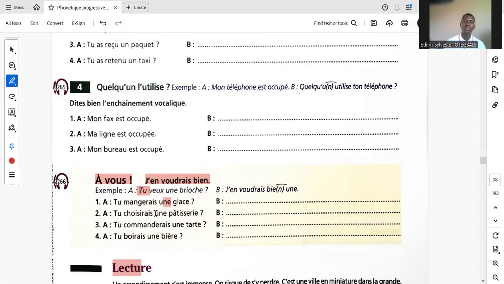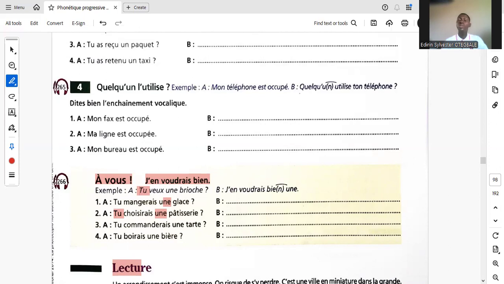Tu choisirais une pâtisserie? J'en choisirais bien une. 3. Tu commanderais une tarte? J'en commanderais bien une. 4. Tu boirais une bière? J'en boirais bien une.